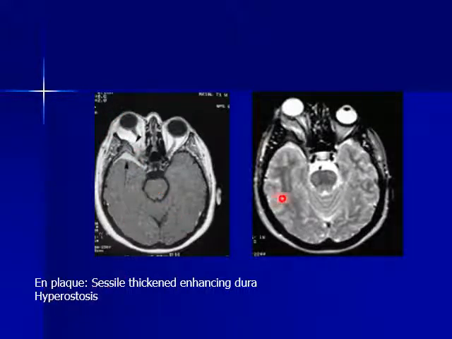So this is a very characteristic en plaque meningioma. Sometimes you can see enhancing tissue in the infratemporal fossa in the lower slices. Again, this is what is called en plaque meningioma.